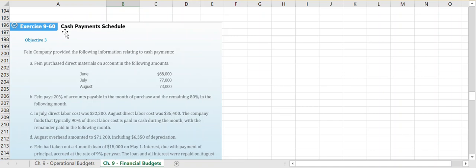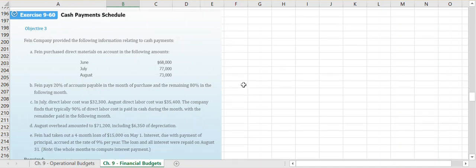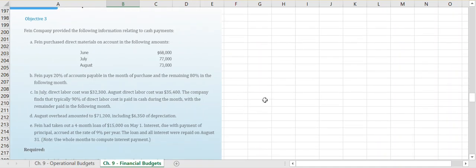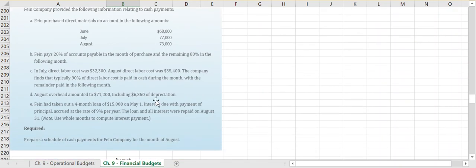Remember what we're looking to do here. First word here, it's a cash payment schedule. We're looking at how much cash we have to spend out to meet our company's needs. Depreciation, if you think about the adjusting journal entry for depreciation, we debit depreciation expense, but we don't credit cash. We credit accumulated depreciation. It's not an expense that we spend money out for.